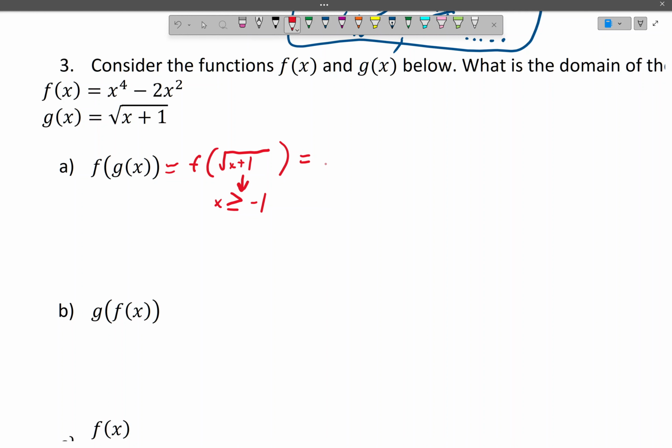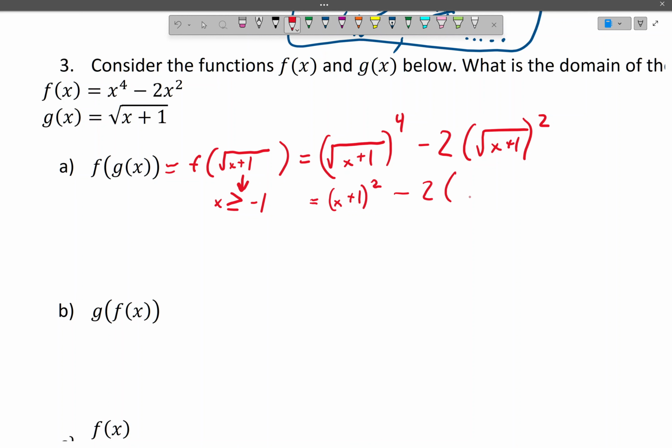Because when we put this in to the above function, whoops, that's not squared, that's to the 4 minus 2, and then we have square root x plus 1 squared. When we put this in, I hope you can see that this is actually going to expand out and cancel a little bit. So we're going to get x plus 1 squared minus 2, and then this is going to cancel, and x plus 1 like that.